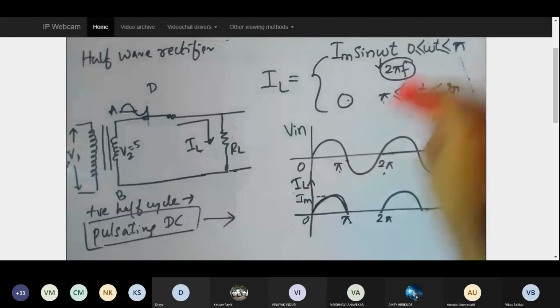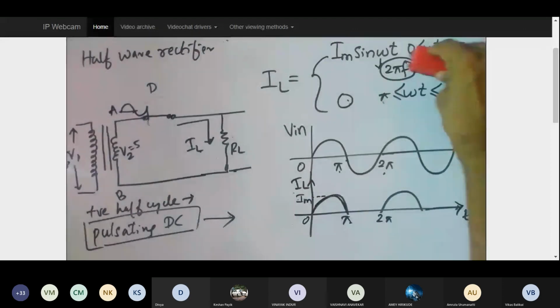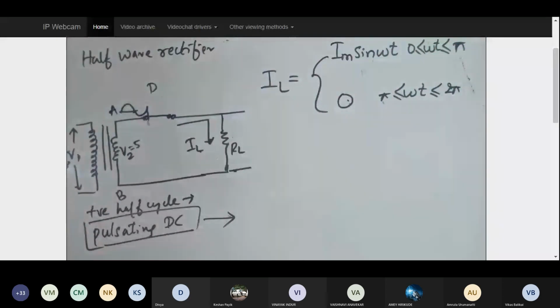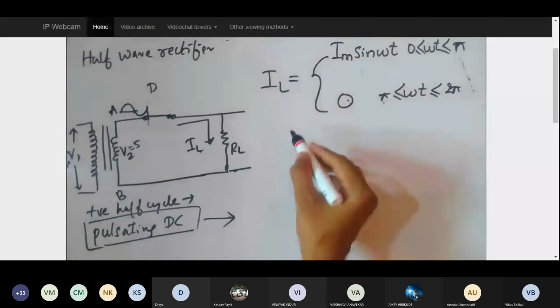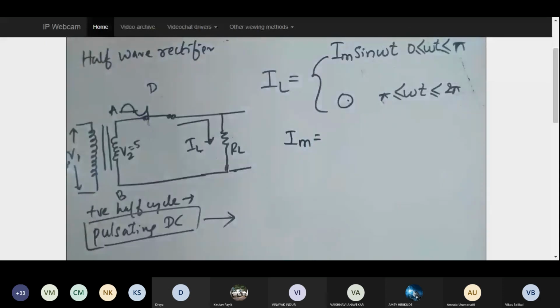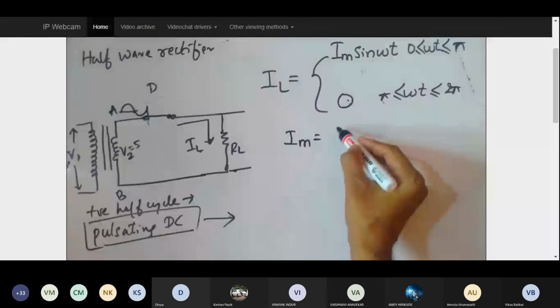Try to remember this equation forever, because from this equation only I am going to subsequently derive the next equations. So now let us try to understand what is Im. Can you tell me what Im could be? Basically Ohm's law. How do you represent I? I is equal to V by R.